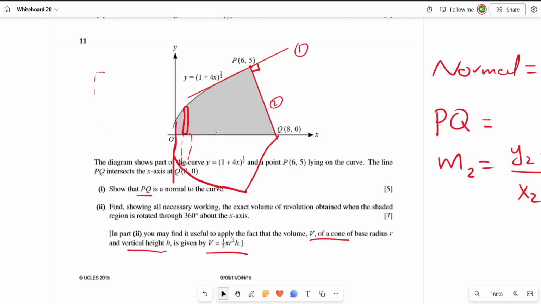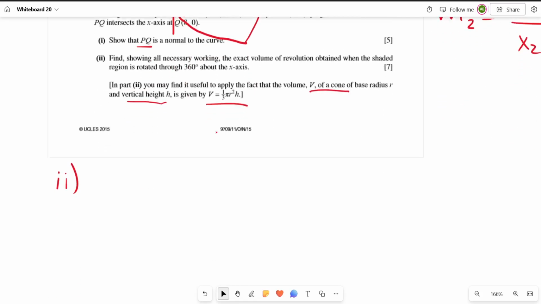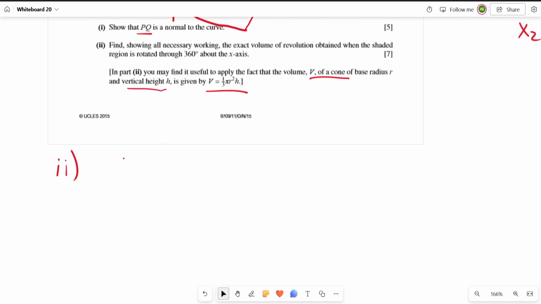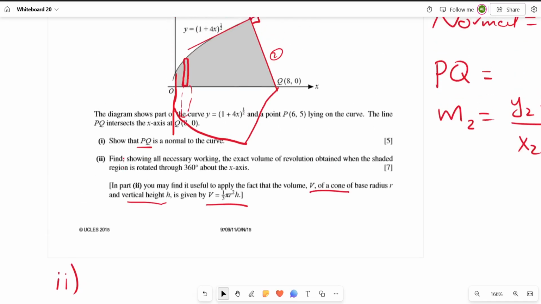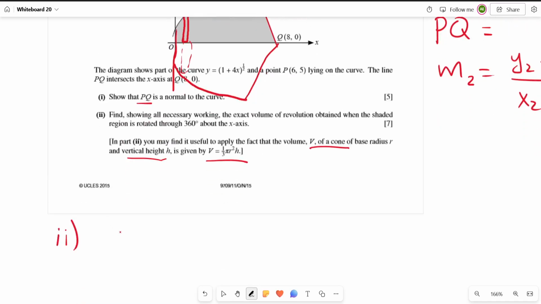So to do that, there's this formula that says we need to integrate, and we know that the volume of a disk is basically going to be, if this is the part I'm looking at, this is the midline, this length over here is going to be the radius, and this length over here is dx.